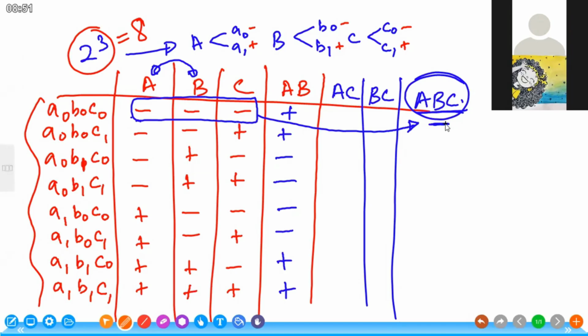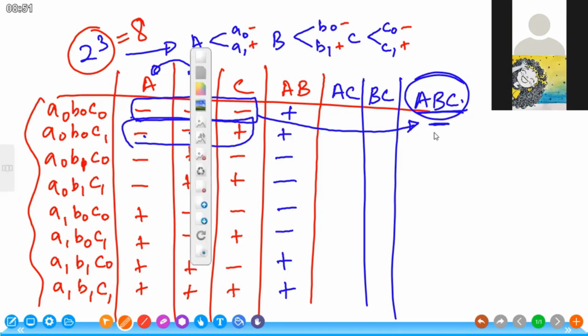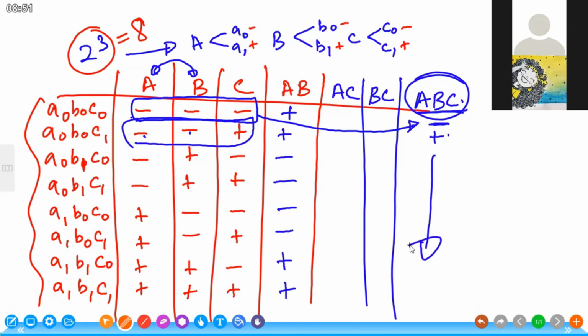Minus into minus is plus, plus into minus is minus. What about the second one? Minus into minus is plus, plus into plus is plus. Second one is plus. So likewise, you give the notation.